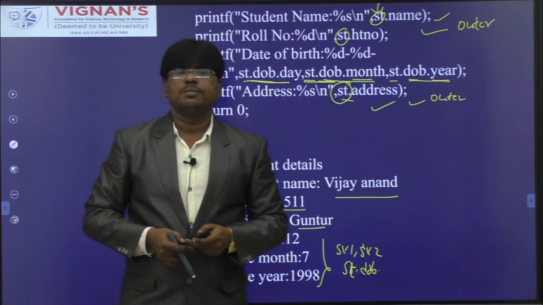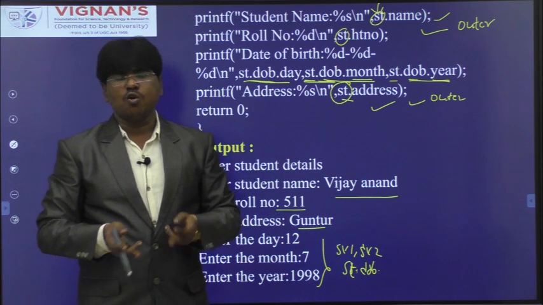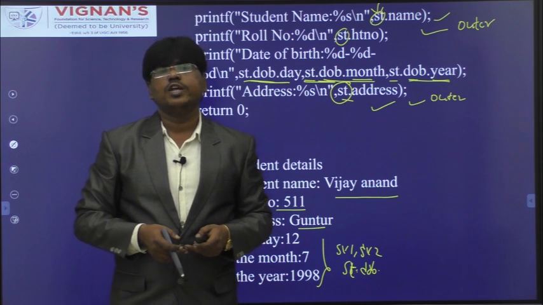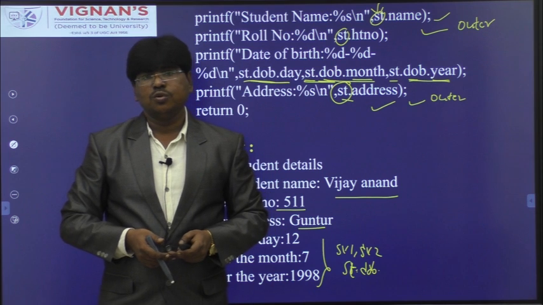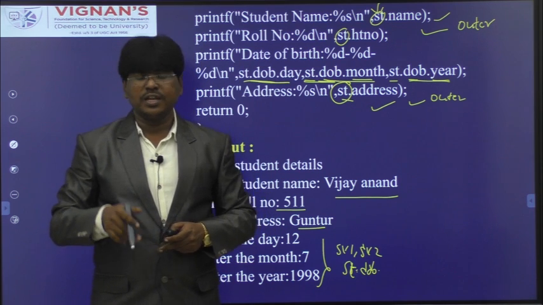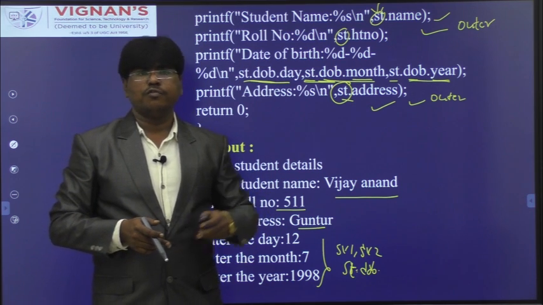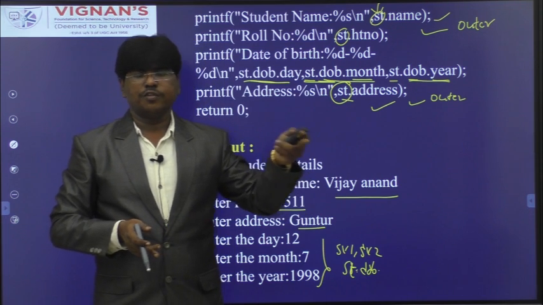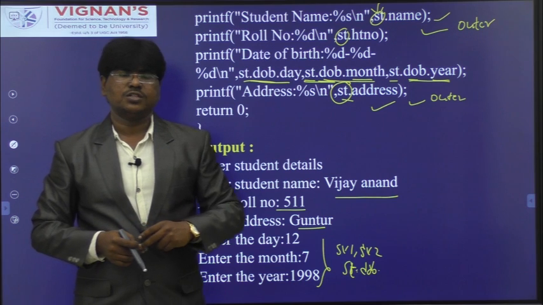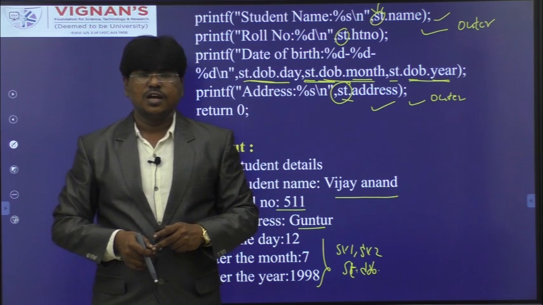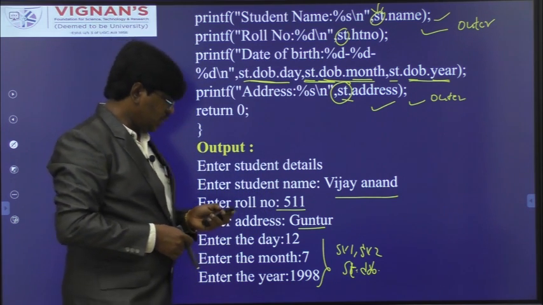If you want to access the members or store values into the outer structure, simply use variable name dot member name. But if you want to initialize or access the values of the inner structure, you have to take the help of the outer structure variable along with dot and also the inner structure variable dot member name of the inner structure. So this is the representation of nested structures.